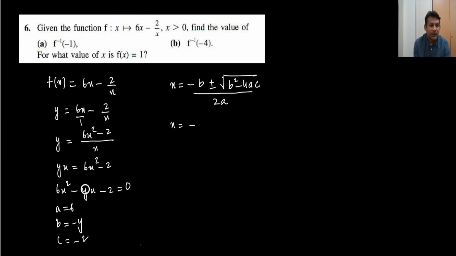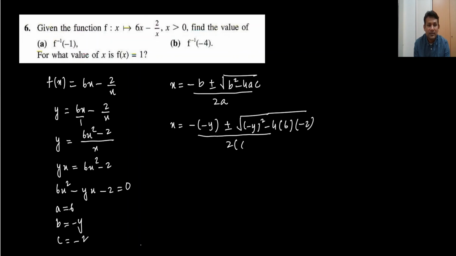So x is minus y plus or minus the square root of minus y squared minus 4 times a, which is 6, and c is minus 2, divided by 2a, which is 12. So x is equal to y plus or minus the square root of y squared minus 4 times 6 times minus 2, which is plus 48, divided by 12.